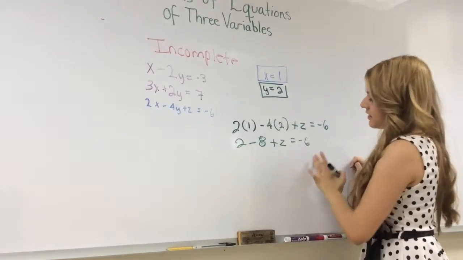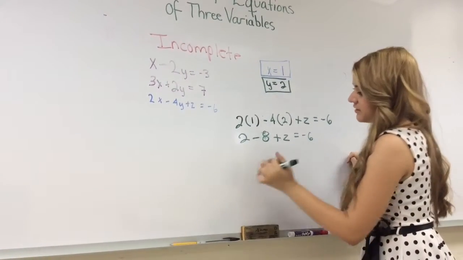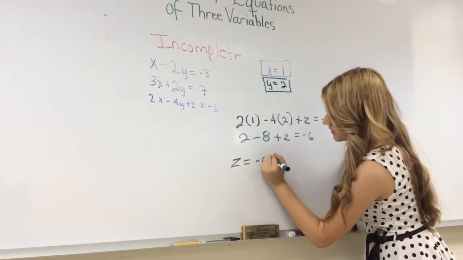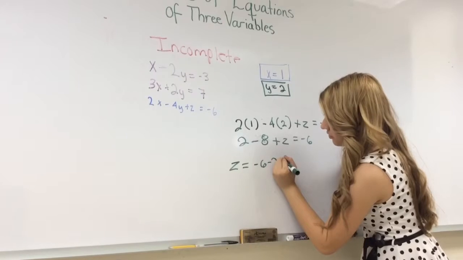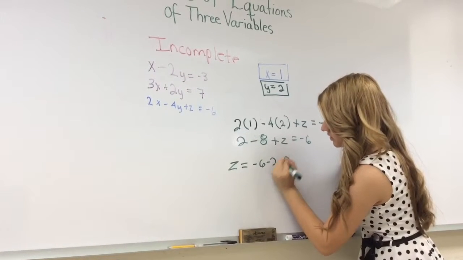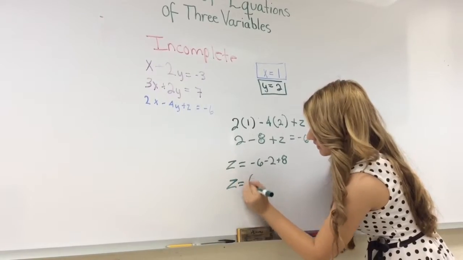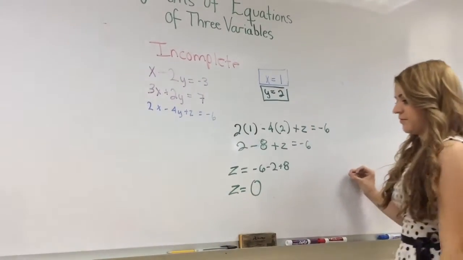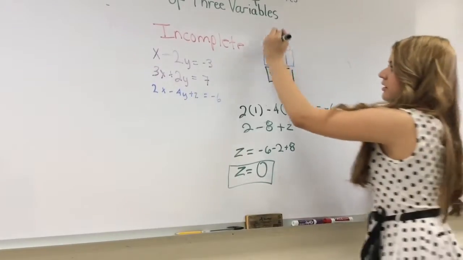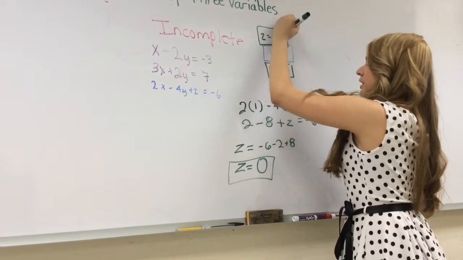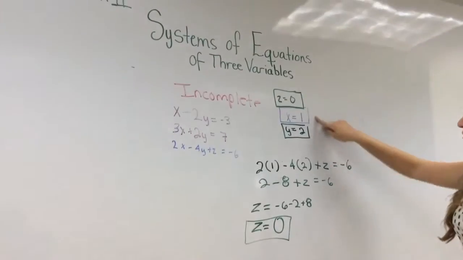So we start passing our whole numbers to leave c alone, which will be c equals minus 6 minus 2 plus 8. So c equals 0. These are the results of our equations of three variables.